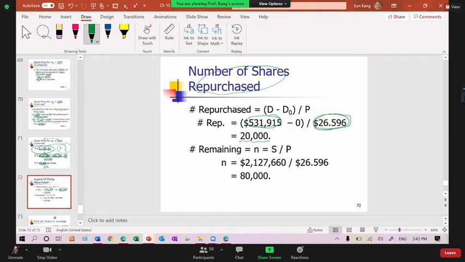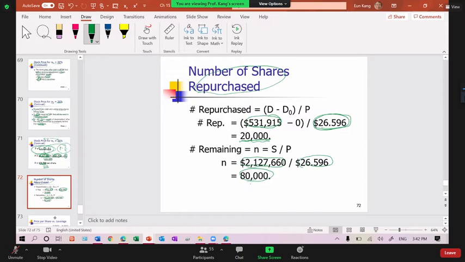So you can do it this way or even just 20% of total shares, 20,000. The remaining number of shares is equity value divided by stock price, 80,000, or just 80% of 100,000. So you can check those numbers, because it should be 20,000 and 80,000.